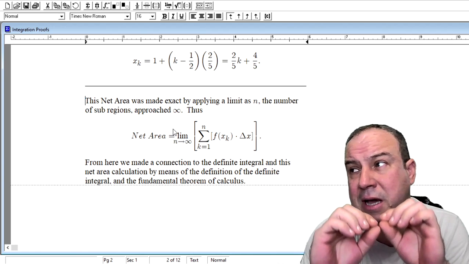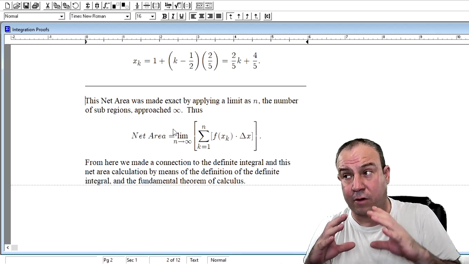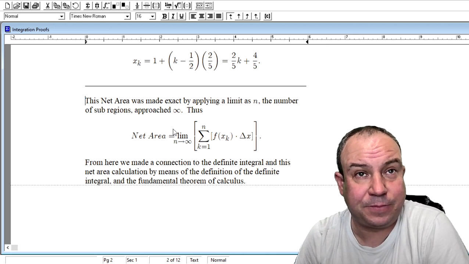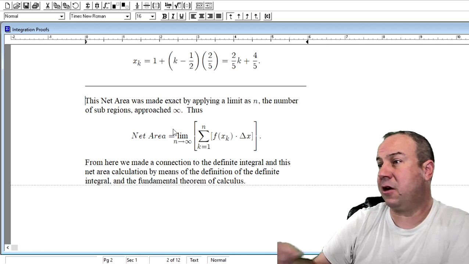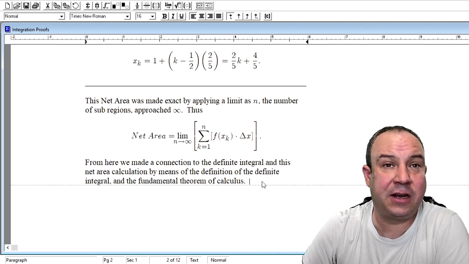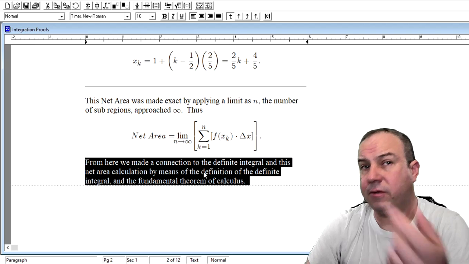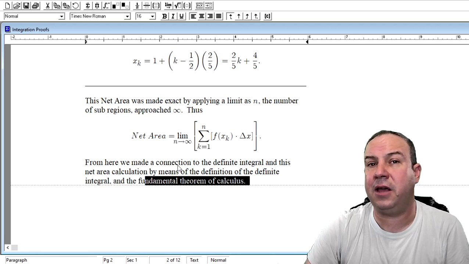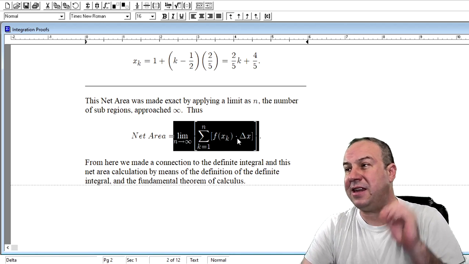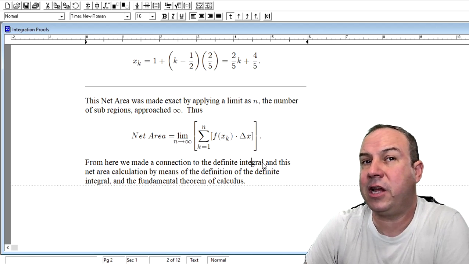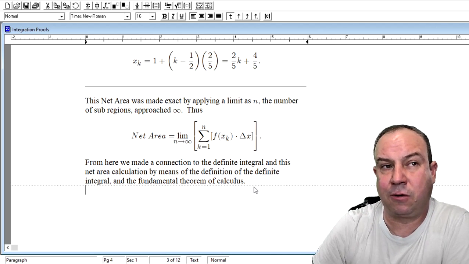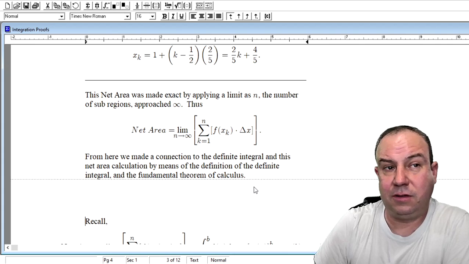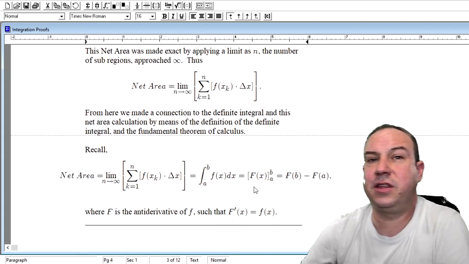Right? And how do you get it to become exact? You look at its behavior overall for an arbitrary value of n as n heads off to infinity. And we see that occurring here, or recall that occurring in our calculations. Where from here, once we apply the limit to the summation, we were able to, through the fundamental theorem of calculus, make a connection between that net area calculation and definite integration, which gives us the definition for the definite integral.